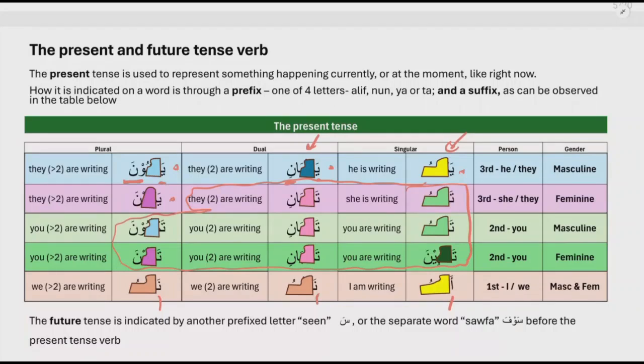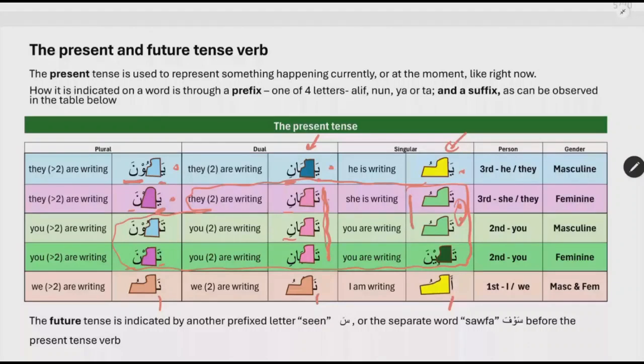Okay, then the ta comes in the feminine of the third person as well as the masculine of the second person. Right? So that's a common one there. Then the ta in the front with the ani at the end happens to be common in three of them, which is the feminine, the third person, as well as the you version of masculine and feminine in dual. And then here in the plural, we have the ya in front here, the nun, and here you have a ta in front and a nun.